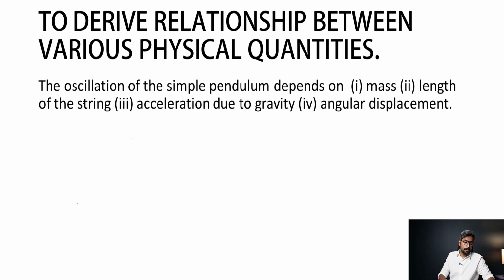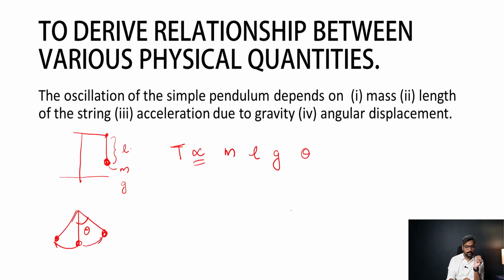Okay, so in this problem it is given that the oscillation of a simple pendulum depends on various attributes. For example, mass, length of the string, acceleration due to gravity, and angular displacement. They are saying like that. So we know these things because if you are taking a simple pendulum, just say that, okay, you have a simple pendulum here, and it is mounted on a stand.